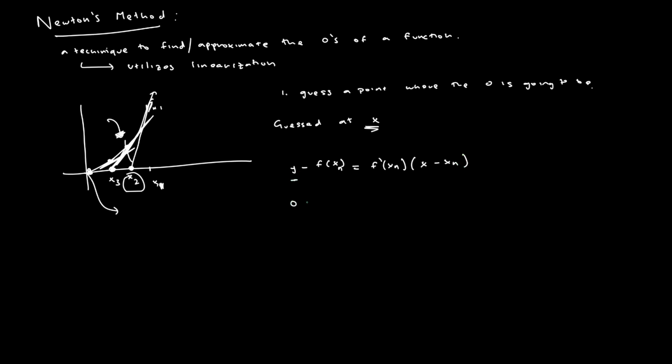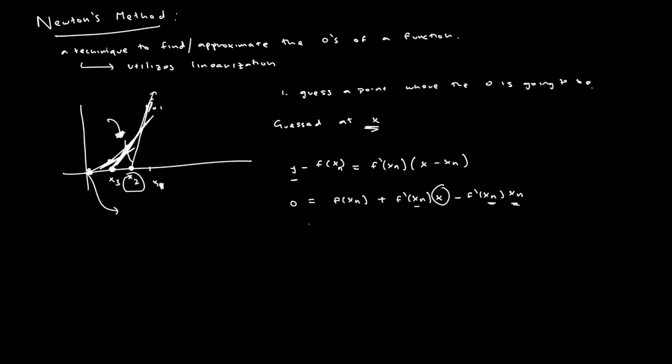So 0 is equal to f of xn plus f prime of xn times x minus f prime of xn times xn. And again, xn's are values where x is what we're trying to solve for. That's our next estimate.